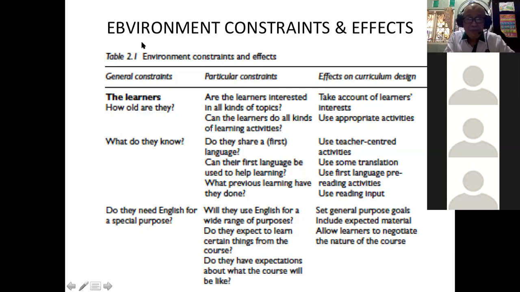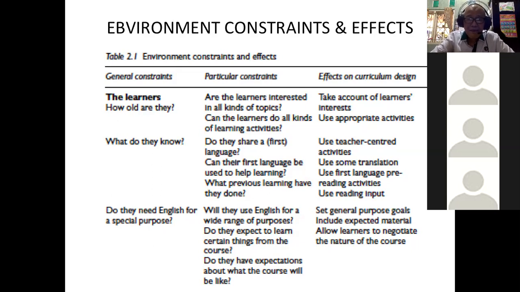In terms of age, for example, are the learners interested in all kinds of topics? When they are younger learners, what kind of topics might be interesting for them? Or are all topics interesting, or probably specific topics? When they are senior secondary school students, what kind of topics are they interested in?